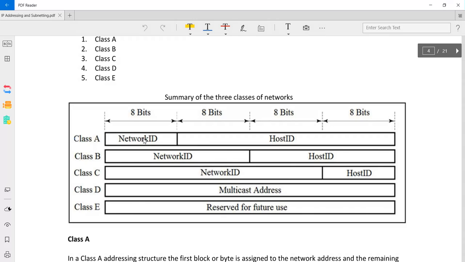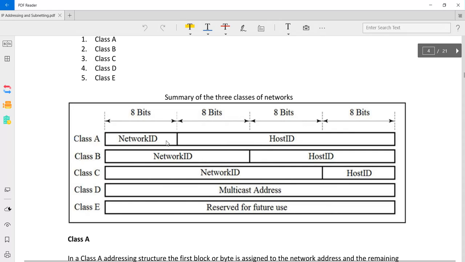Now when you see class A, B, C, D, and E, these IPs are also divided into network and host parts, network ID and host ID. If you see class A, the first 8 bits of class A are considered the network ID. That means it is the network part, and the rest of the bits, that means 8, 8, 8, 3 parts of 8, that is 24 bits, are considered the host ID, the host part.